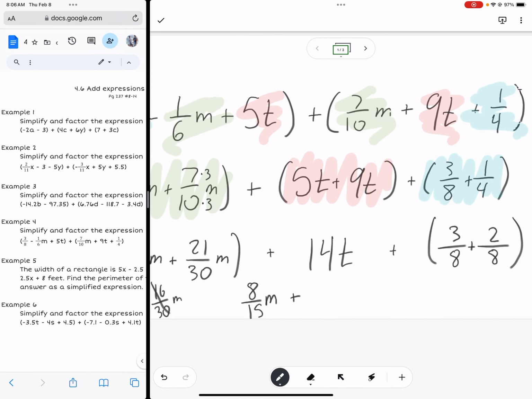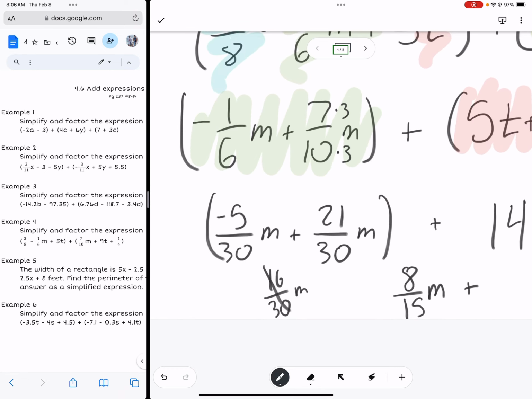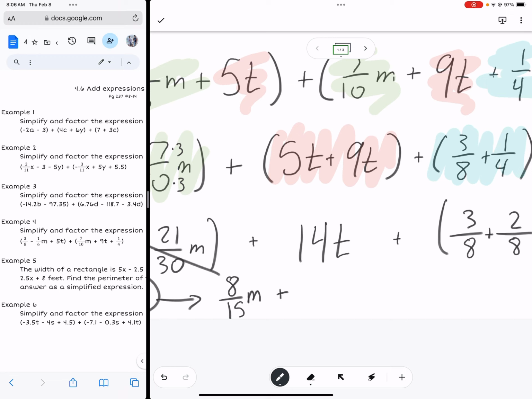We can't reduce that. You added these two fractions together, got 16 over 30, and then reduced it, so we are done with this part. Then we add 14t, and we still have to add our final fraction, which will be 5 over 8. That is correct.